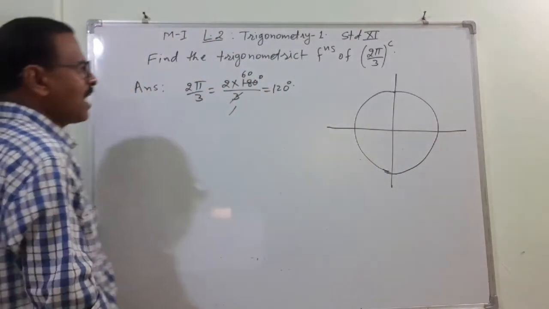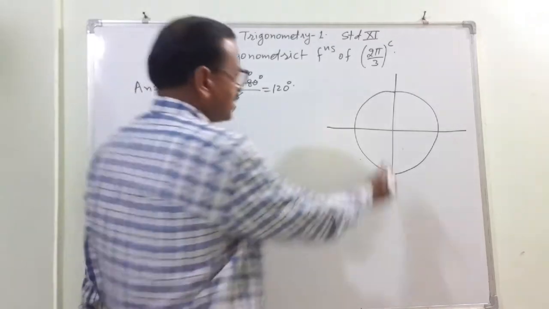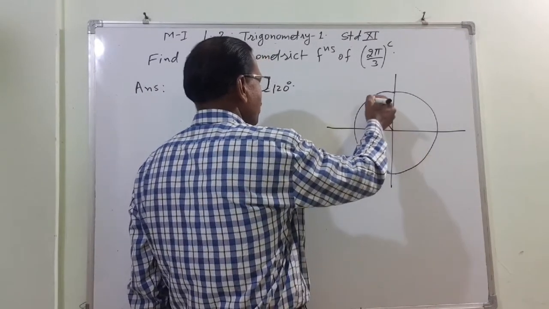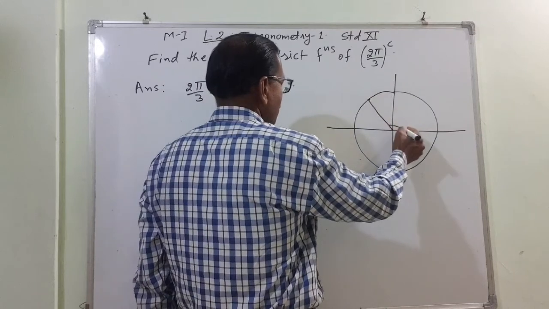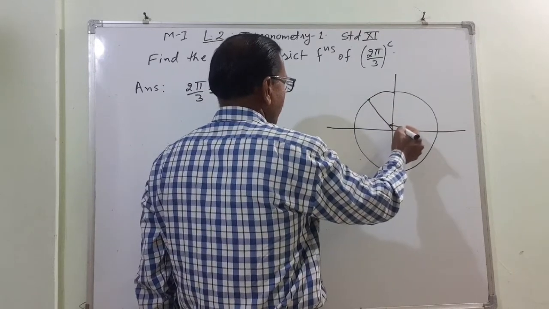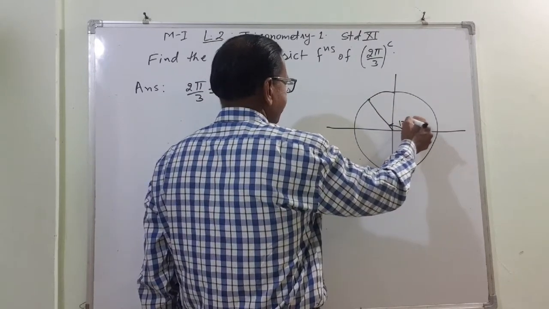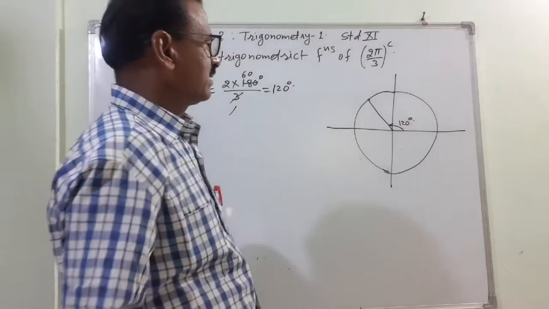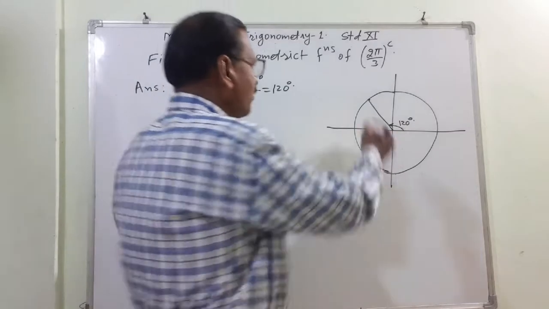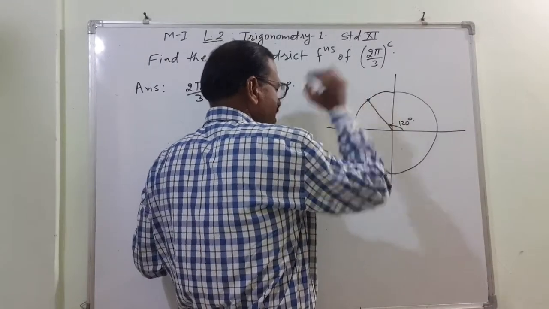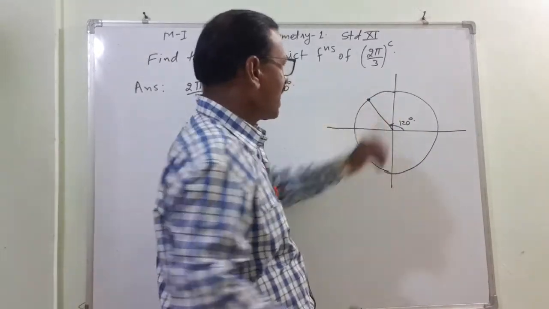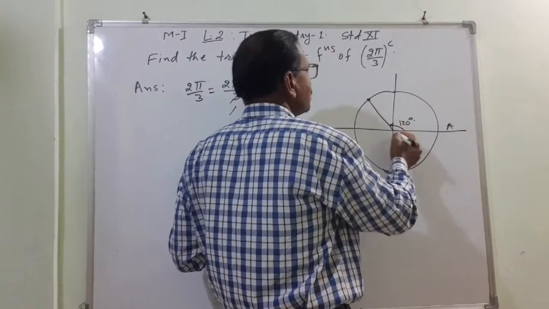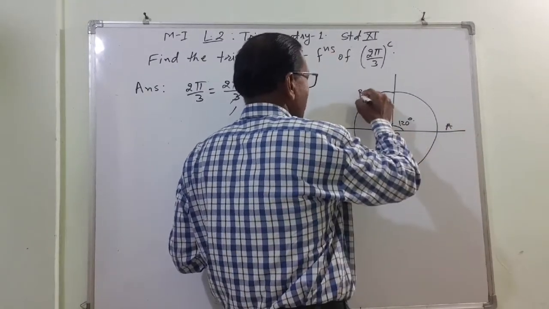Mark this 120 degree; this is 90, and another 30 degree I will go here. This will be 120 degree. Of these points, I want to find sine, cos, tan of this point. This is the angle. This is suppose A, this is O, and this is B.